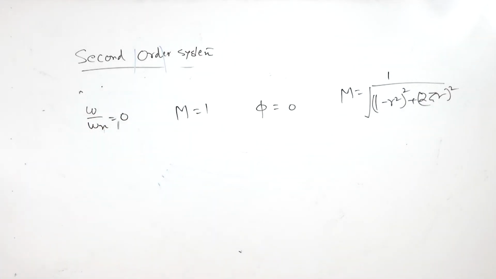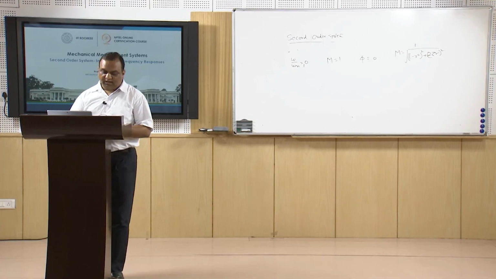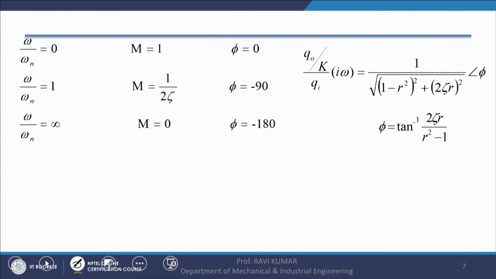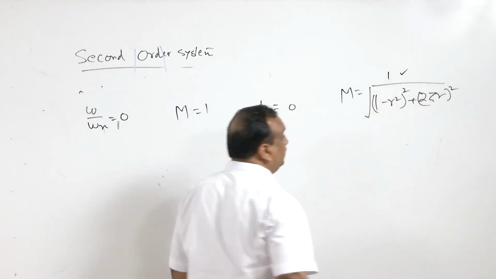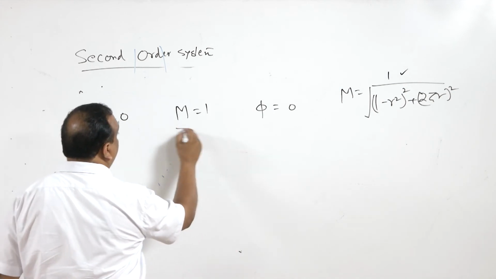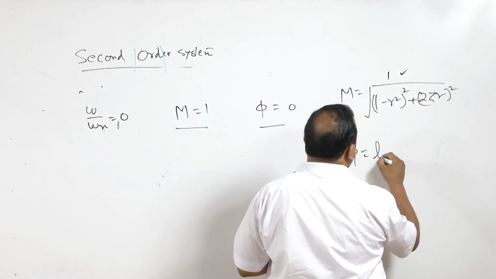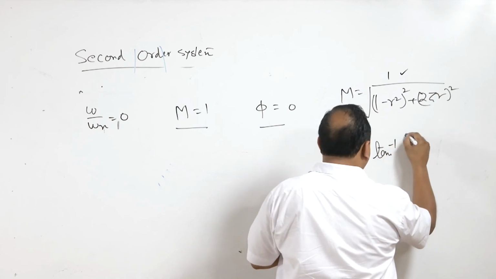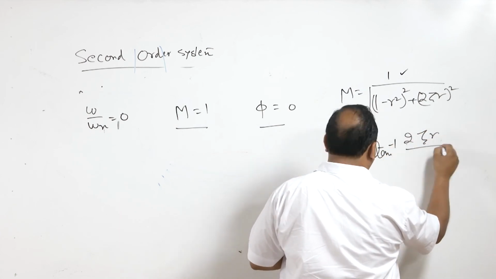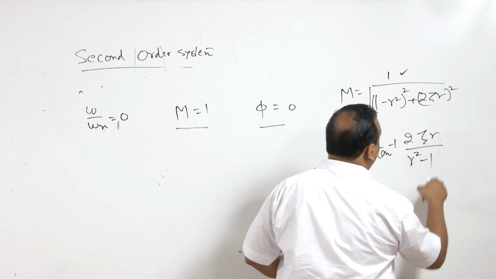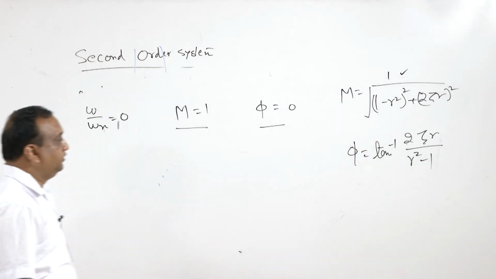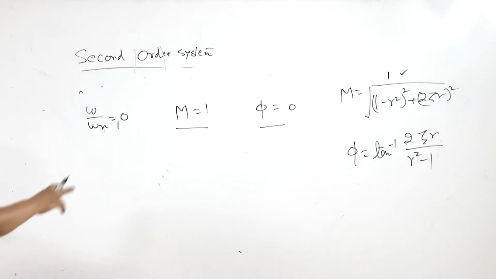And when omega by omega n is equal to 0, this expression is going to be 1. So we will get m is equal to 1 here, and phi is equal to 0 because phi is equal to tan inverse 2 zeta r by r square minus 1. So this is going to be 0.